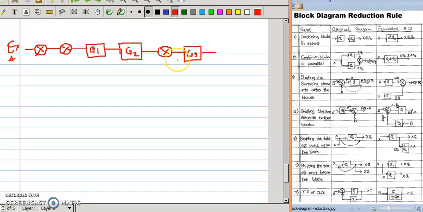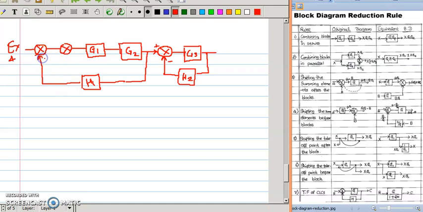See, again there is a feedback element called H2 that goes toward this mixer, negative and positive, right? And again there is one feedback element going here called H1 to this input mixer.